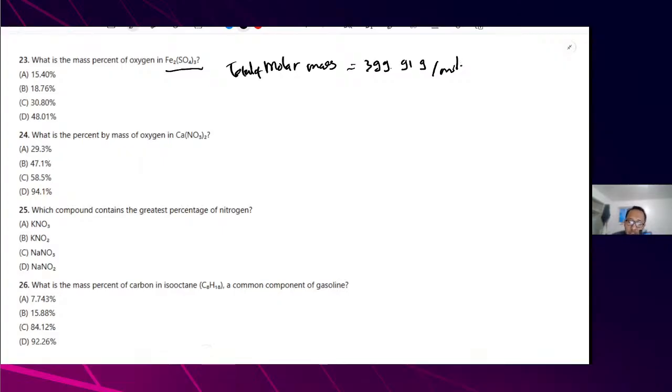So what's the mass percent of oxygen? How many oxygen are there? There are 12 oxygen. So 16 times 12, the answer is 192.